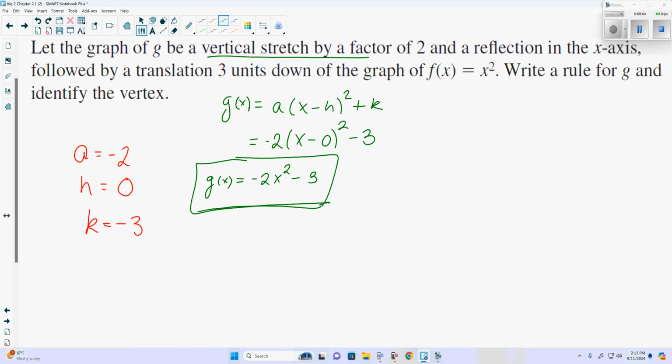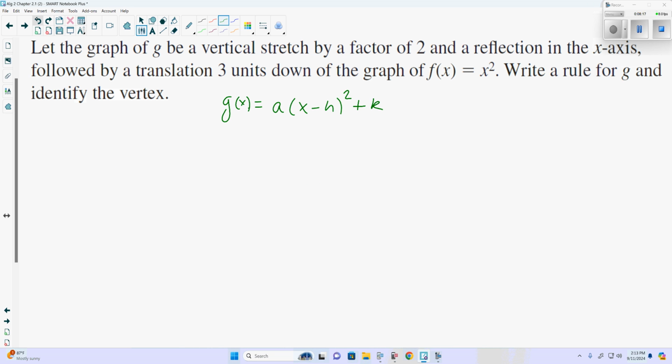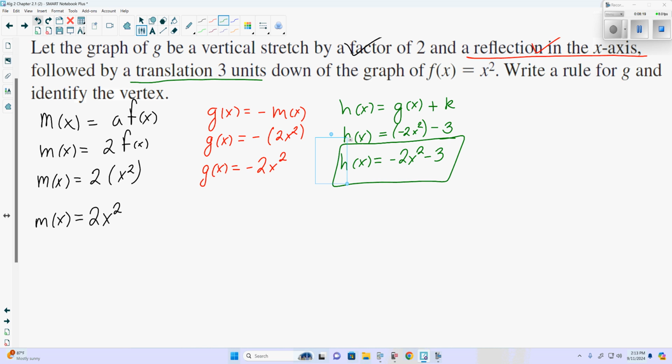Because when we did the reflection across the x-axis, we had to apply it to every term. So if we did the up-down, let's go back. Because here, when we applied that negative all the way through, there was just 2x squared. If we'd have moved it up, down, that minus 3 was here.